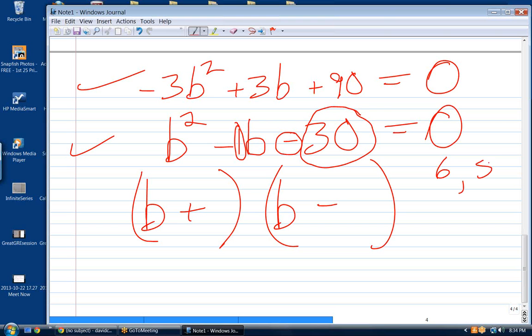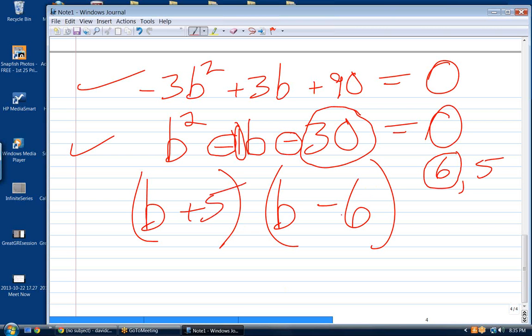6 and 5. Okay. Which side does the 6 go on? Plus 6 minus 5. No. Always put your biggest factor with the sign of the middle term. Sign of the middle term is negative, so I'm going to put the 6 there, the 5 there.